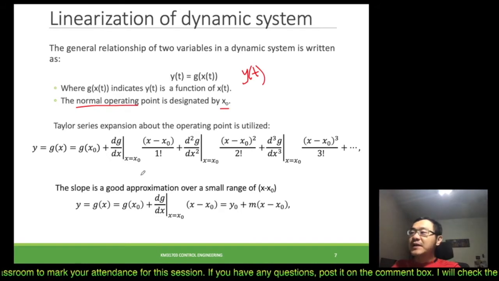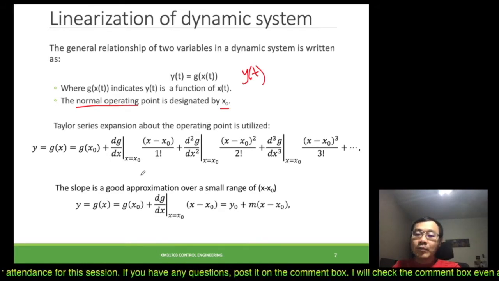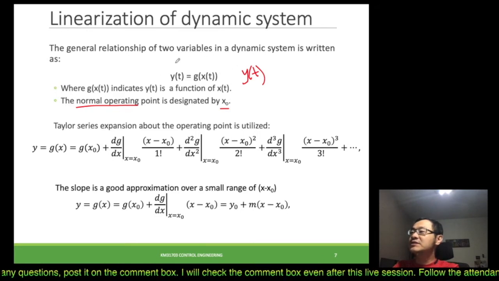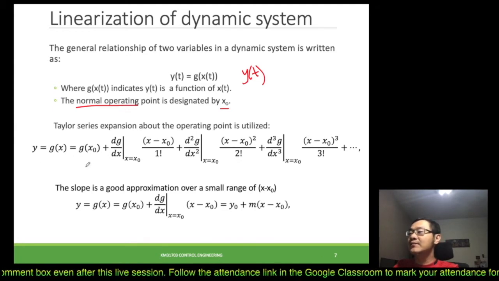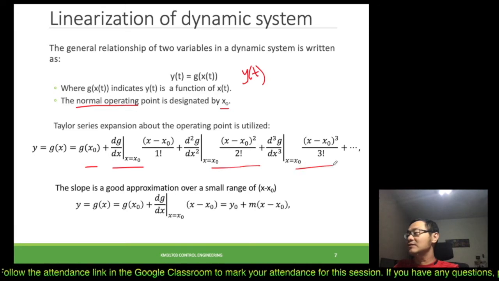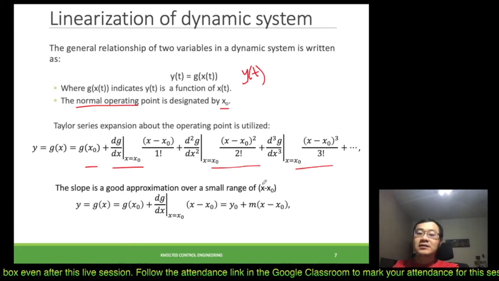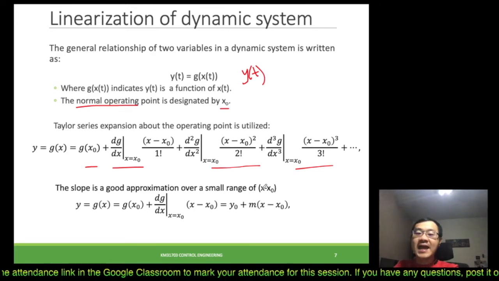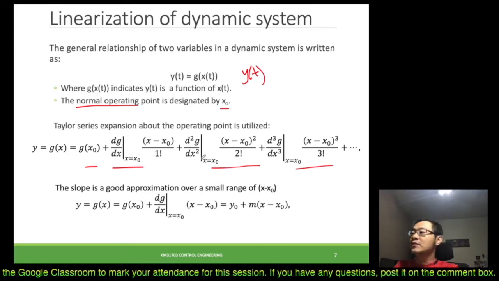Taylor series expansion about the operating point is now utilized on our previous relationship between the two variables, such that it is given by a series of terms. The slope is a good approximation over a short range of x minus x naught.